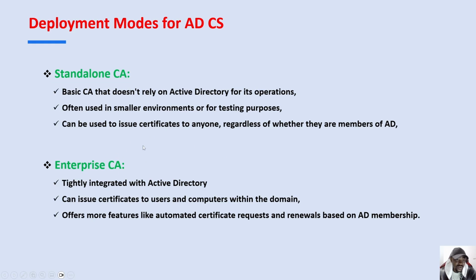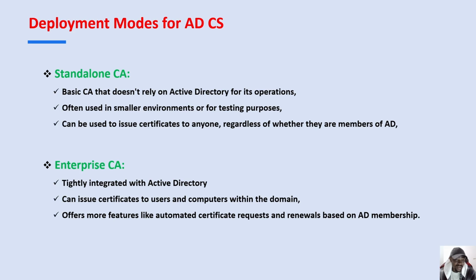So the standalone CA is the basic CA that doesn't rely on Active Directory for its operation. You can install your ADCS on a Windows server that is not taking part in an Active Directory infrastructure. Most of the time, people will deploy this standalone mode in small environments where you don't need Active Directory, or for testing purposes.